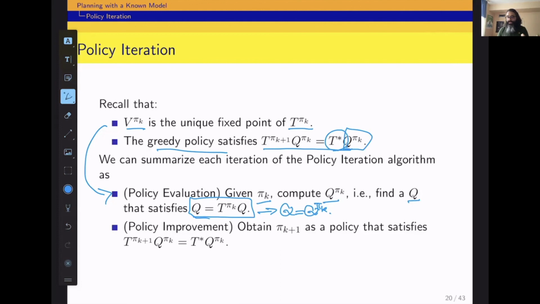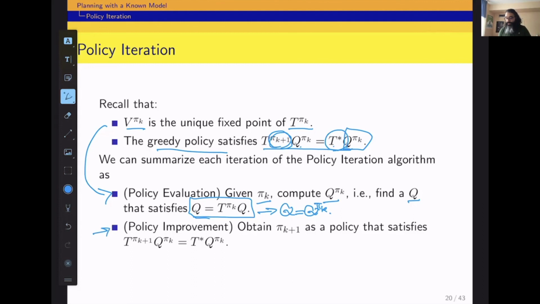The greedy policy is choosing the same action as that maximizing action, which means that if I compute the Bellman operator of that greedy policy, it should be exactly the same as T star Q pi K. So if I find a pi K plus 1 such that the Bellman operator of it applied to Q pi K is the same as T star Q pi K, then this pi K plus 1 is going to be the greedy policy, which is basically this policy improvement step.